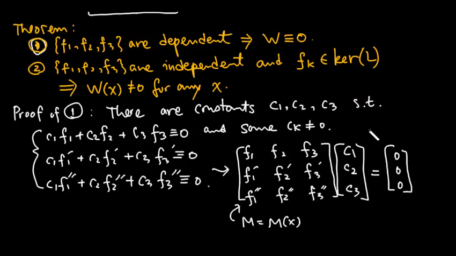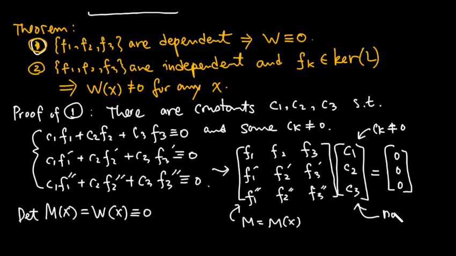And one of the Ck's here is non-zero. It is a fact from linear algebra that for this homogeneous equation, which has 0, 0, 0 on the right side, if it has a non-zero solution, of course 0, 0, 0 makes everything 0, but if there are non-zero entries making it 0, then the determinant of that matrix M(x), which is the Wronskian, is 0 all the time, no matter what x is, because this doesn't depend on x.